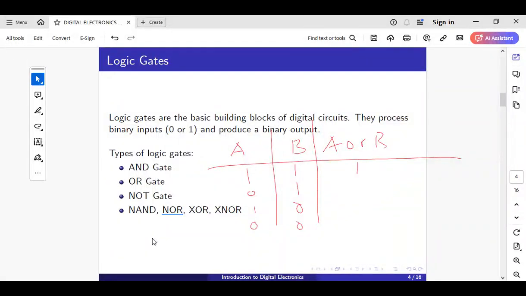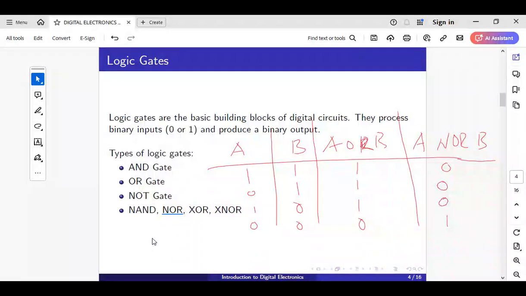For A or B, we just add: 1 1 and a 0. Now the NOR, we use capital letters: A NOR B, that is NOT OR. So if OR is a 1, the NOT inverts that 1 into a 0.